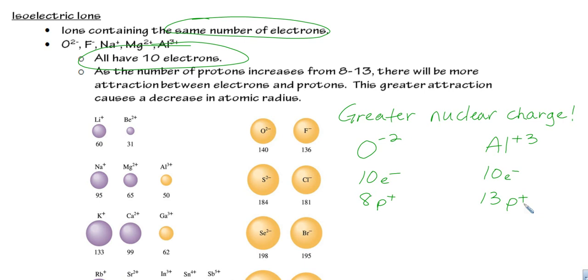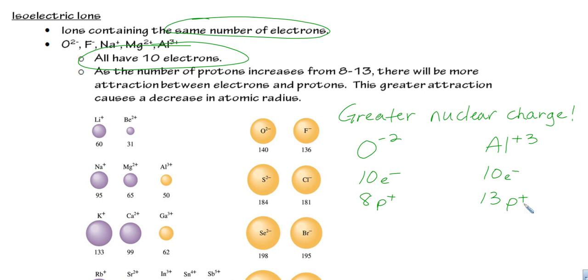If I'm thinking about that in terms of the size of the atom, the radius, oh yeah, the nucleus is barely making a difference. It's like a drop in the bucket. Yeah, there's a couple more protons and neutrons in the aluminum nucleus, but that really doesn't affect the radius of the atom. The radius is mainly affected by the electron cloud.